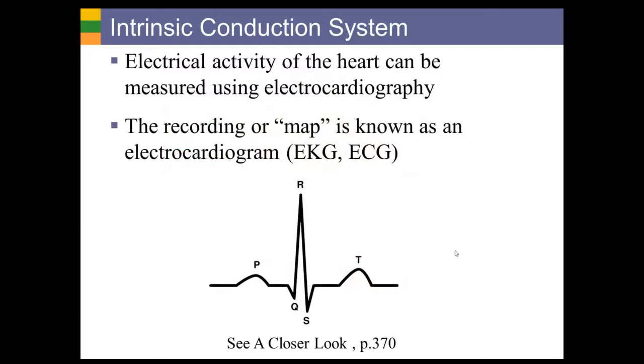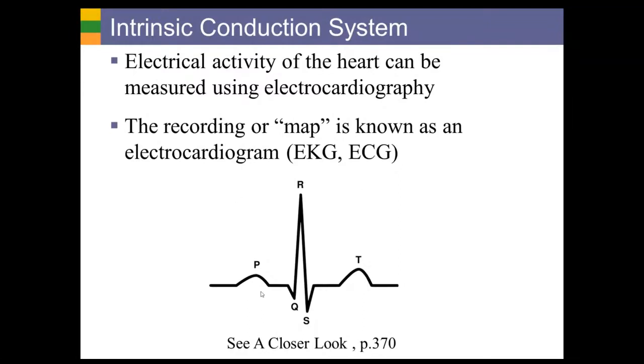We can monitor and chart the movement of electrical activity through the heart using an electrocardiogram. That's where the leads are placed at different parts of the body, and we can actually record the depolarizations and repolarizations that occur. And what you're responsible for knowing are the different components of an EKG.